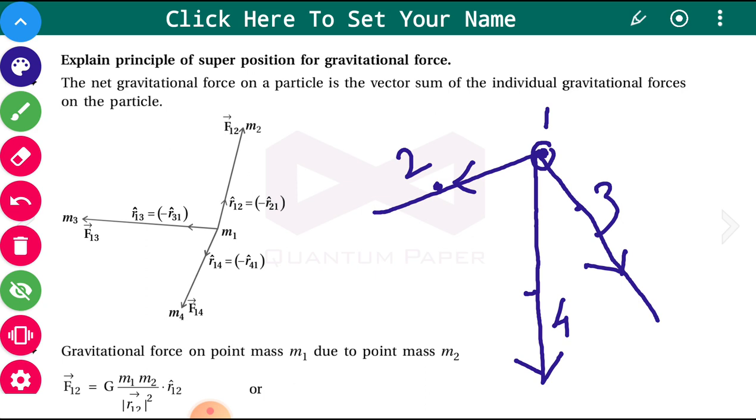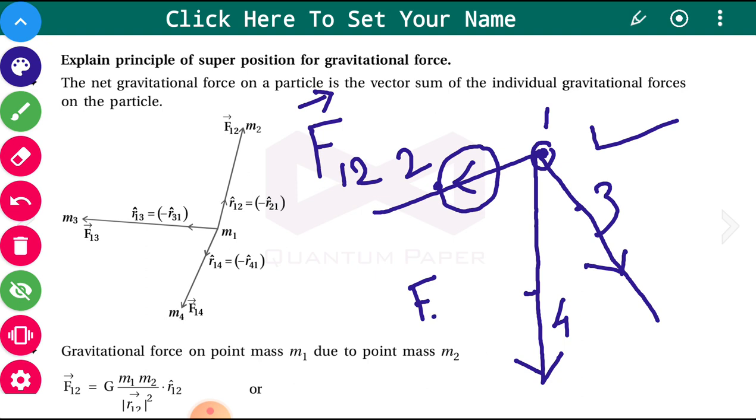Now, the resultant of all the three forces, force on 1 by 2, force on 1 by 4 and force on 1 by 3, considering the magnitude as well as direction, will give you some resultant force on this first particle, which we can represent as force on 1.